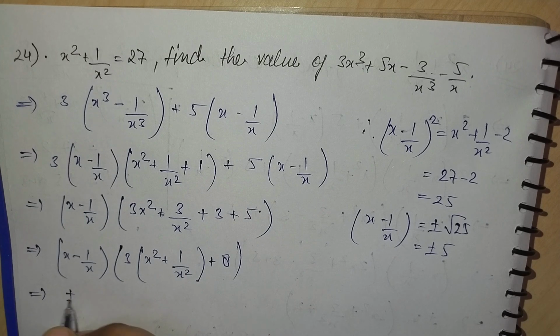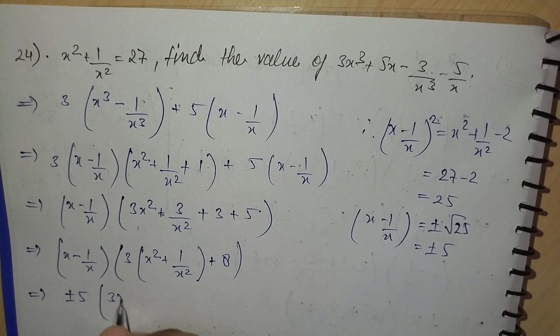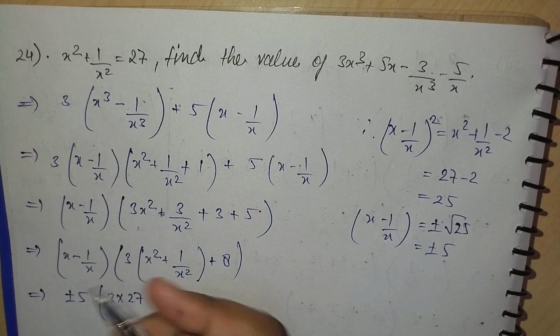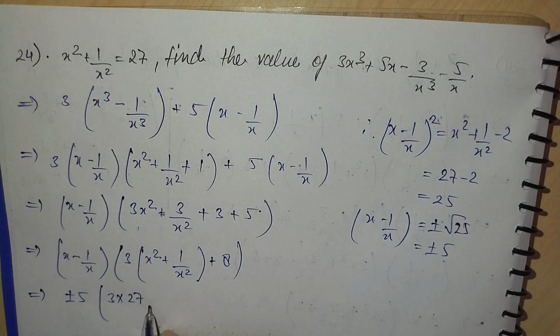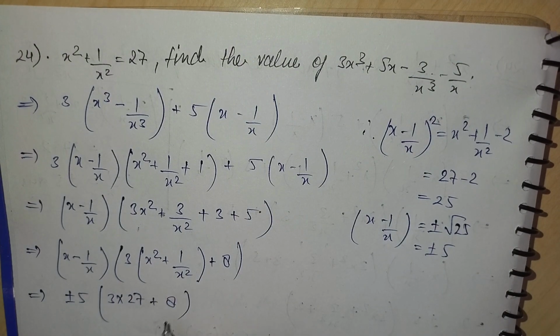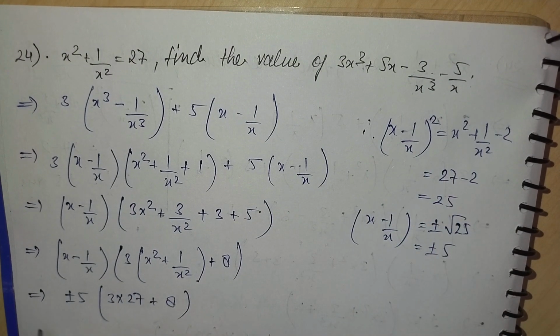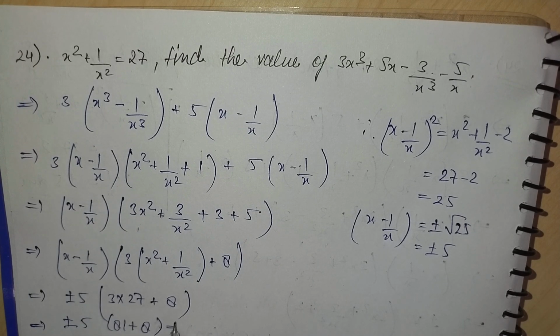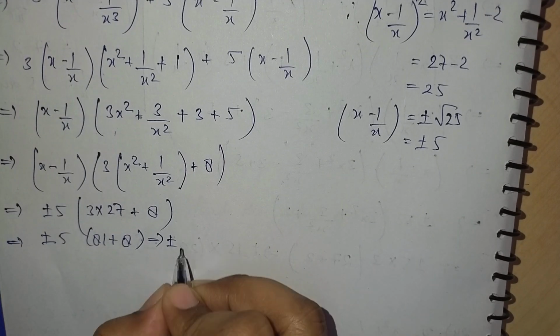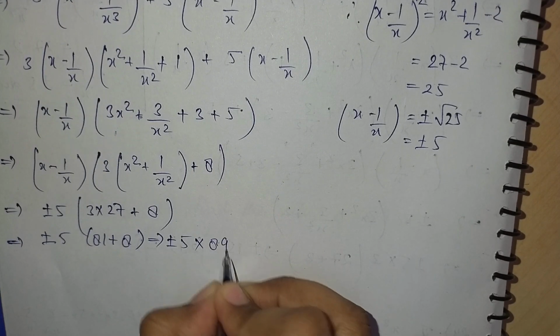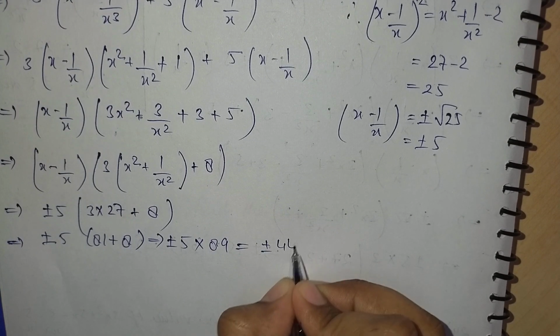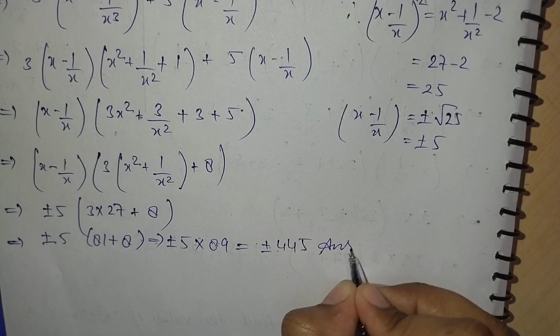So here putting this value plus minus 5, 3 into 27, as x square plus 1 by x square is 27, plus 8. On solving we will get 81 plus 8 equal to plus minus 5 into 89 equal to plus minus 445, which is the answer in this question.